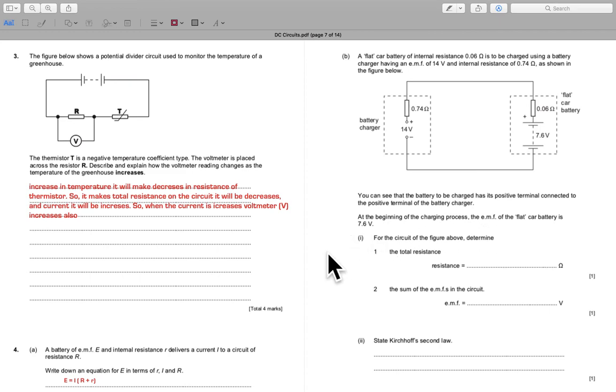You can see the battery to be charged has its positive terminal connected to the positive terminal of the battery charger. At the beginning of the charging process, the EMF of the flat car battery is 7.6 volt.